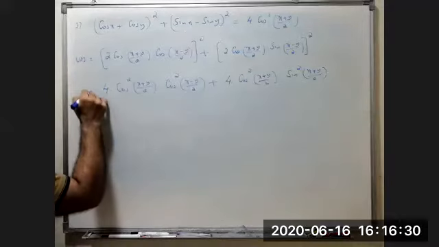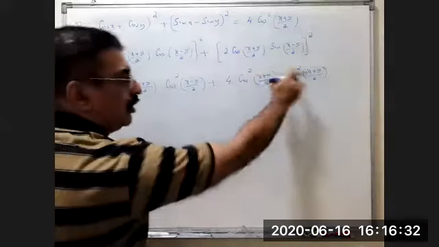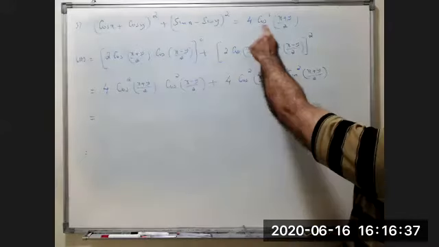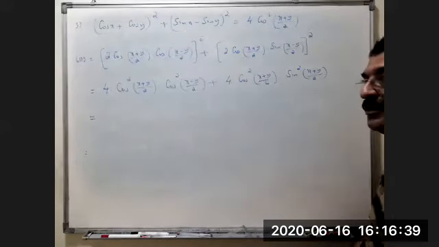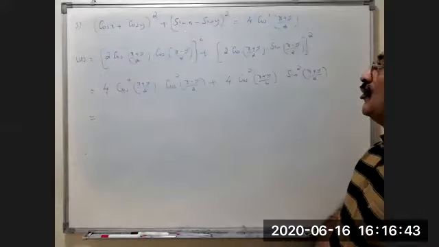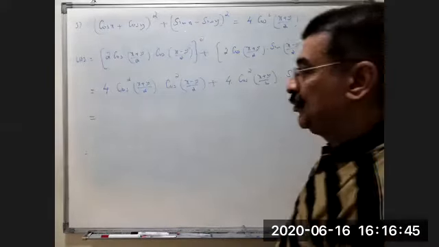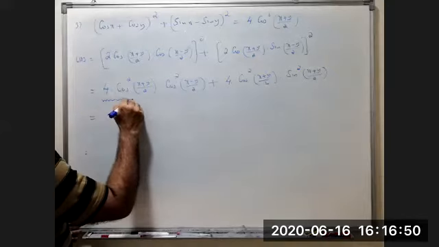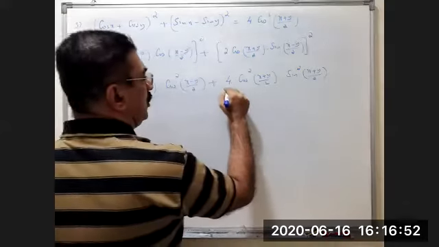Have a look at all the terms. See, the answer is 4 cos square x plus y by 2. Always see the answer you are proceeding towards. We need 4 cos square x plus y by 2, and it is here in both terms.